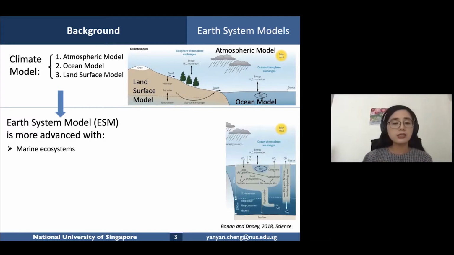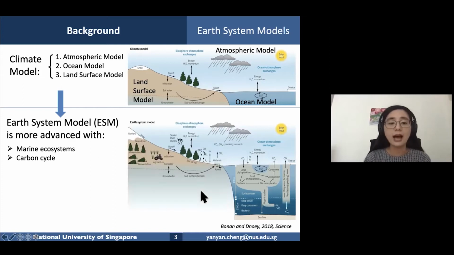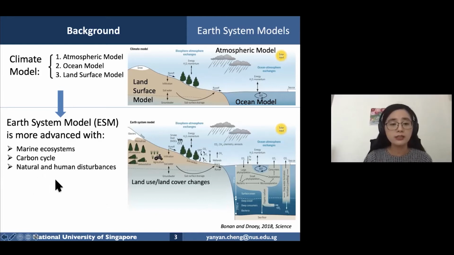These Earth system models have many additional components. For example, they have a marine ecosystem in the ocean, and also a carbon cycle. So for example, it can simulate the photosynthesis and respiration of the plants, and also simulate natural and human activities, such as land use and land cover changes.